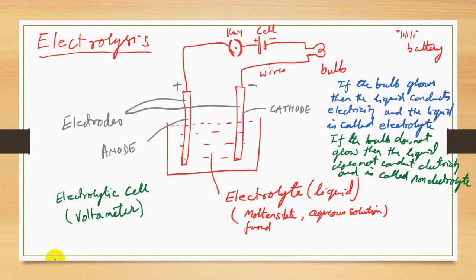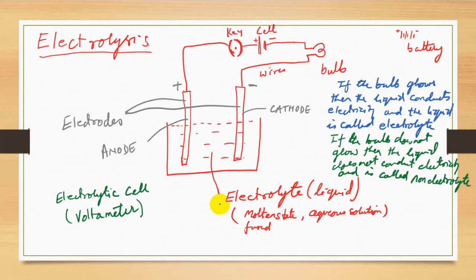Understood? Now, this electrolyte will conduct electricity. Non-electrolytes don't conduct, isn't it? We have already clearly written electrolyte and non-electrolyte. So when I say this liquid is electrolyte, it means it will conduct electricity, and when it conducts electricity, this electrolyte will break up into ions. Clear?